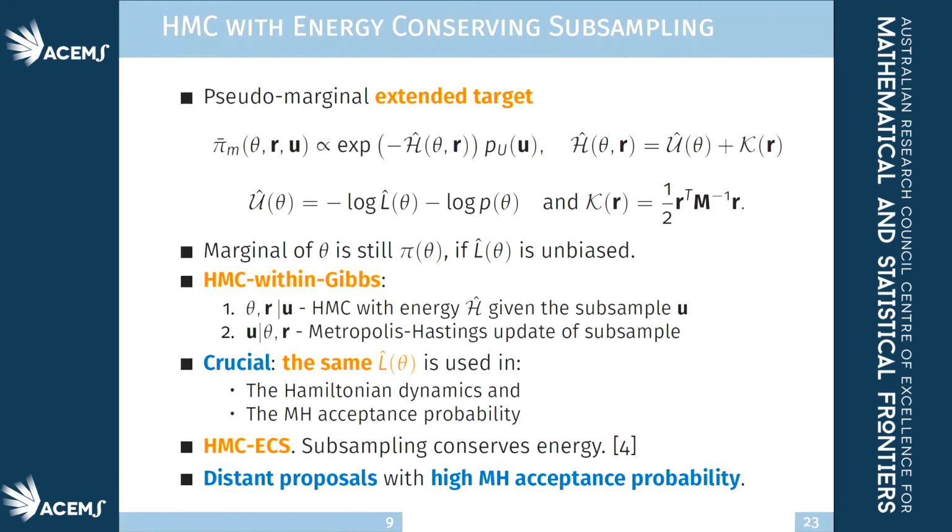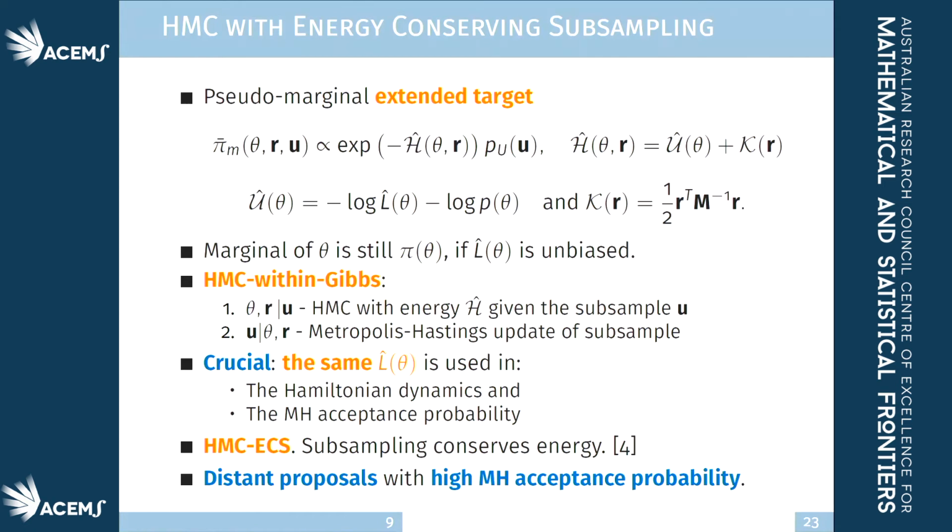Now, what we do is we use a form of pseudo-marginal on an extended target. So now our target is theta, which are the parameters, then the momentum, and then the u's, which are the indicators of which of the observations, say 1,000 observations out of the sample of 4 million, we're actually using at this point in time.